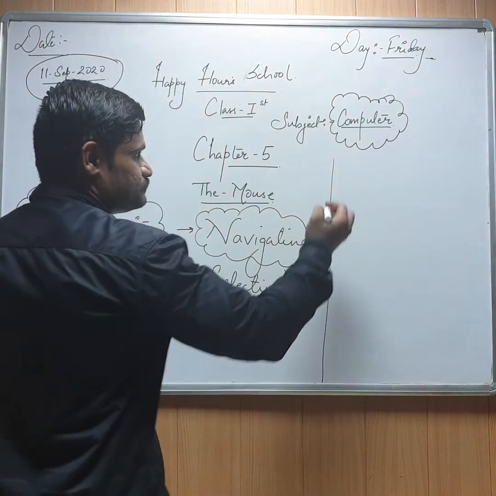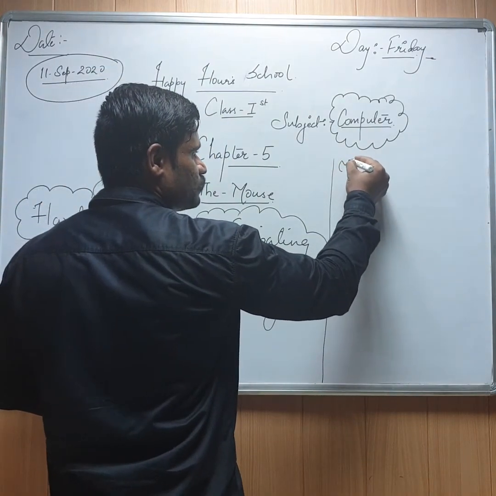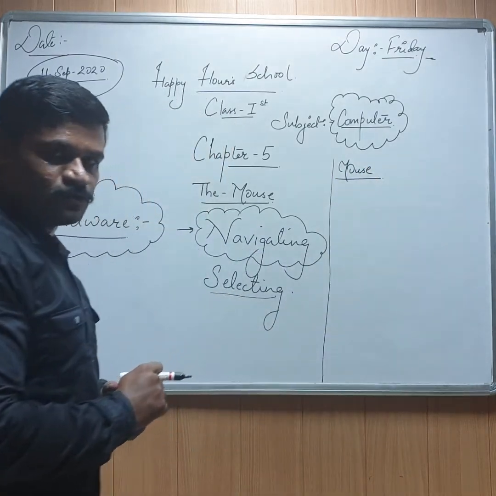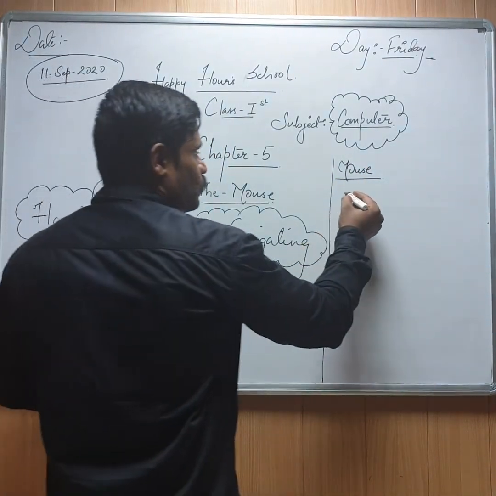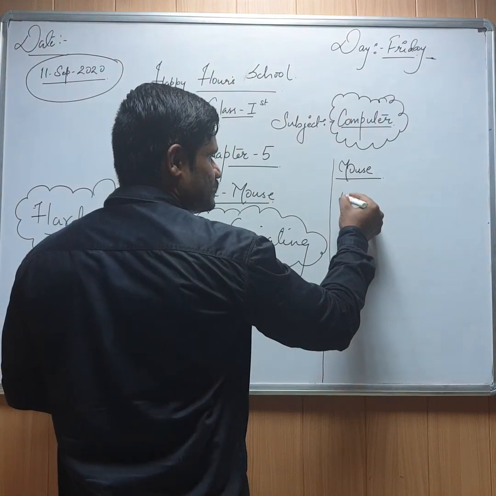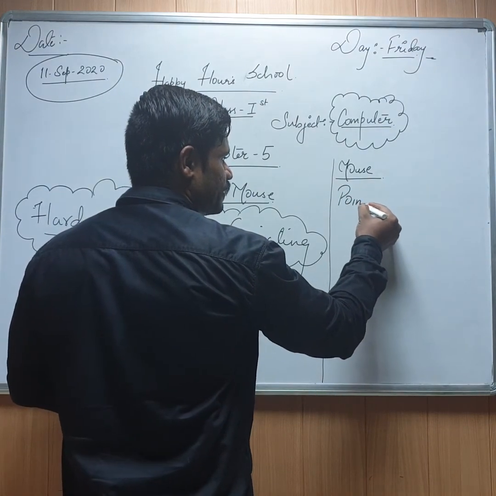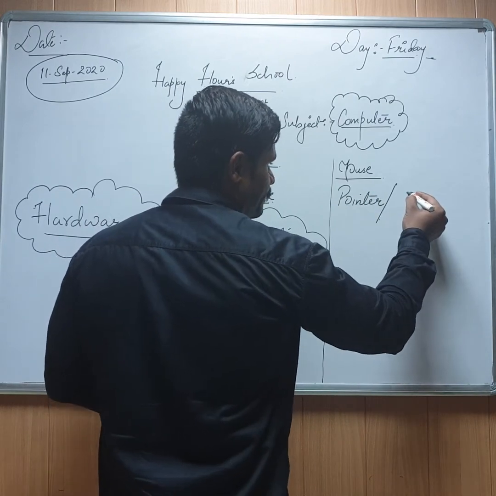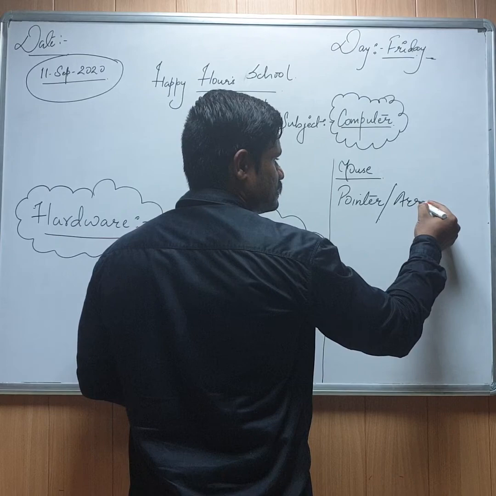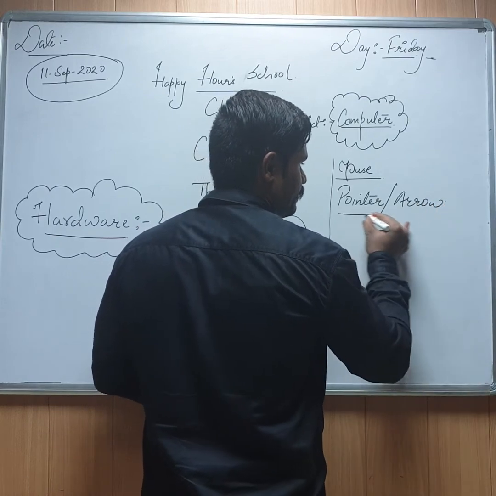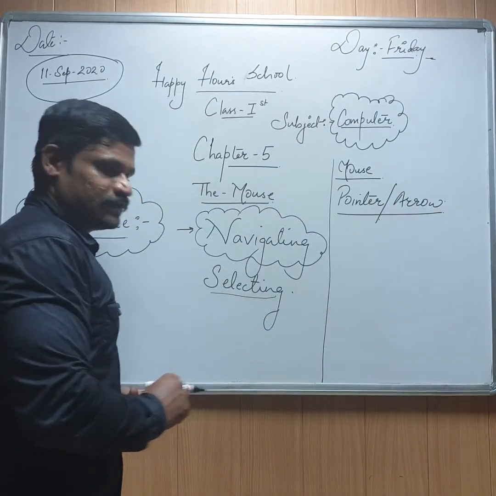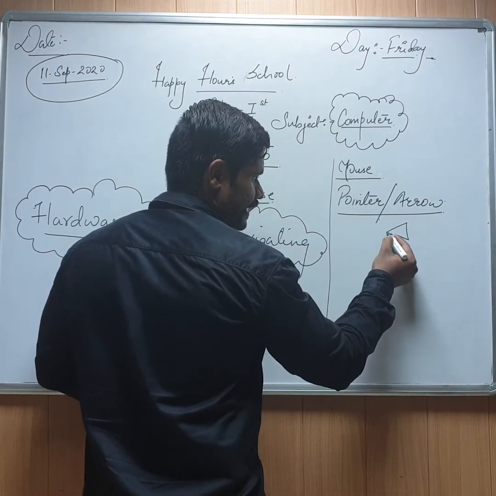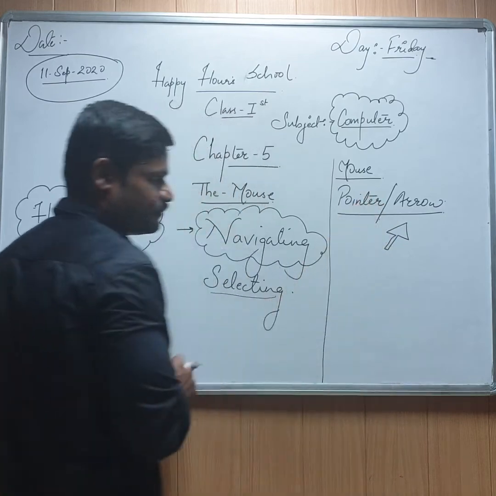In this chapter, we will study what a mouse is. We will study what a pointer or the arrow sign is, which is something like this, which everybody has seen on their computer screen.